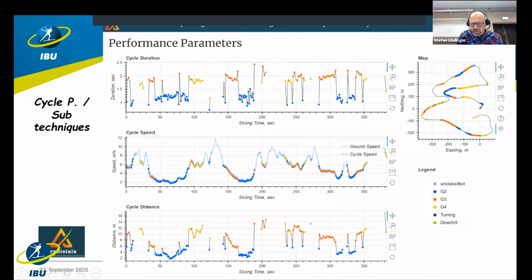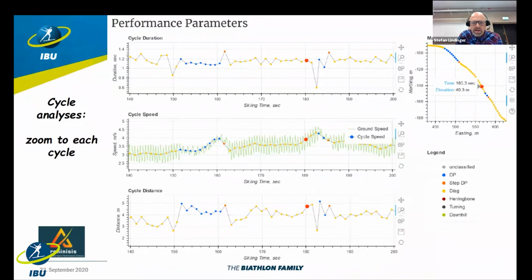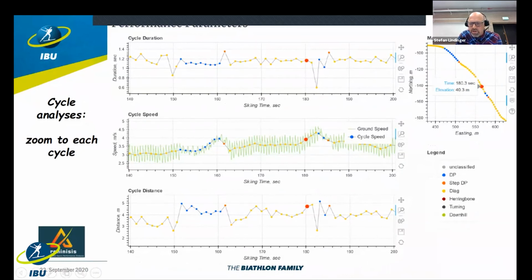Depending on the technique you're using, on the right side, each color is a different gear, 2, 3, 4, and so on, downhill. So you can make comparisons here. And if you go into the cycle, you zoom it out and you see exactly every spot here is one push. So you have double poling, diagonal skiing, and so on.